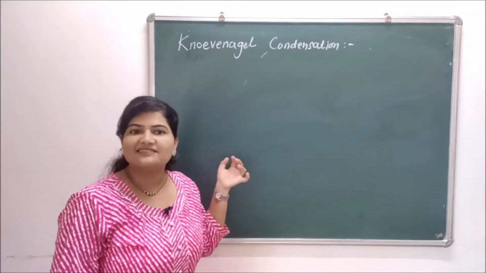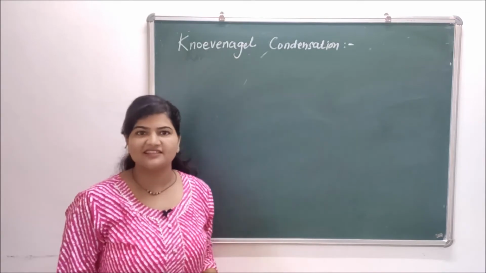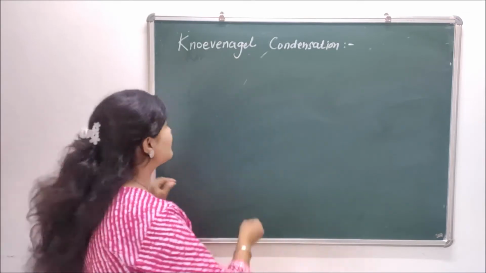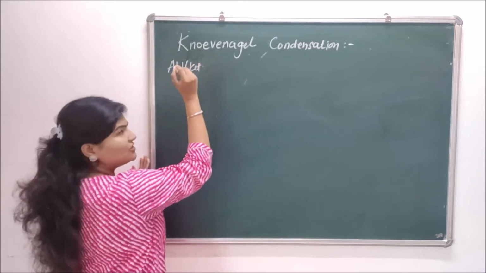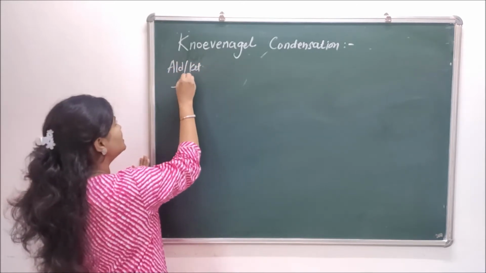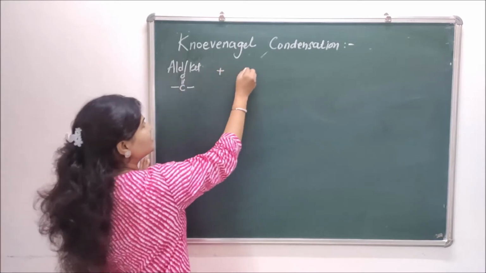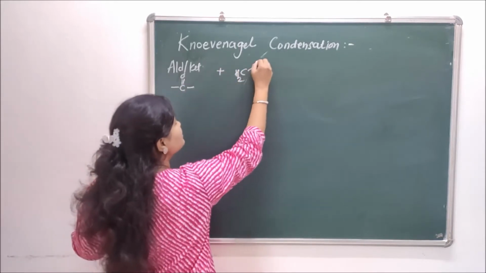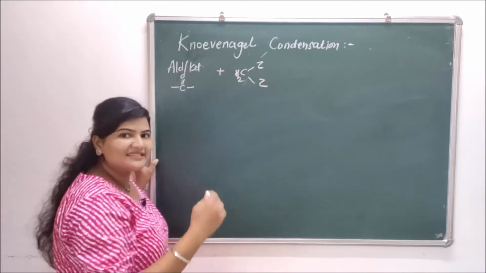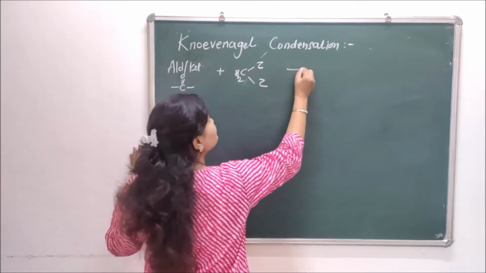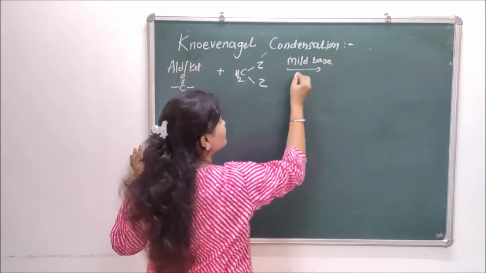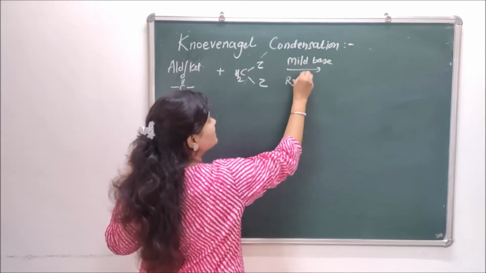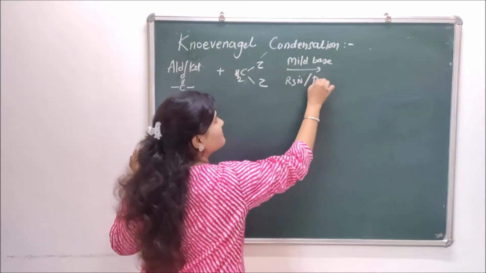So let's start discussing the Knoevenagel condensation reaction. In this reaction, basically aldehydes or ketones, meaning your carbonyl compounds, react with an active methylene group. Now we will see what an active methylene group is, in the presence of a mild base, like a tertiary amine or pyridine.